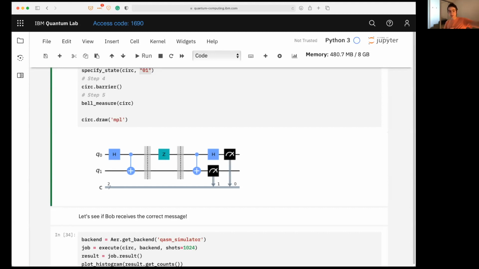Alice is going to keep hers at the beginning and send it to Bob, physically send it somehow, whether it's down a fiber optic or, I don't know, in a parcel with some kind of souped up atom container thing, whatever. There is a process in step 4 of physically sending Alice's qubit to Bob. Bob's qubit, he always has it. It never changes hands. But Alice does have to send hers.